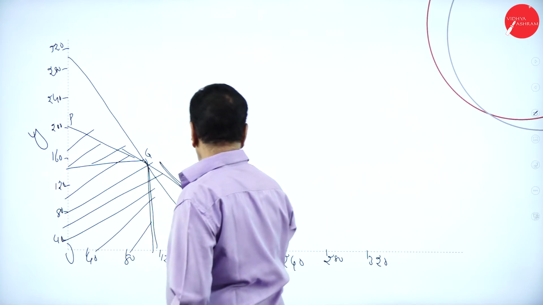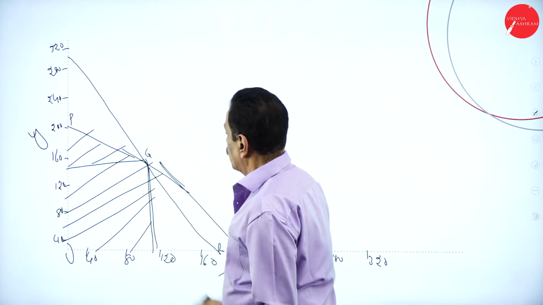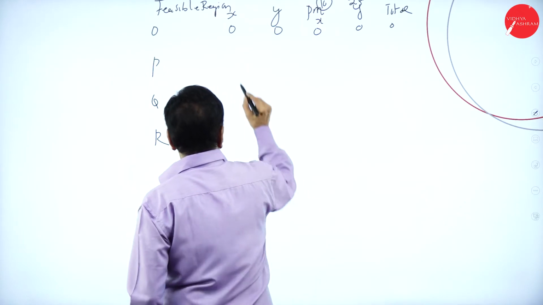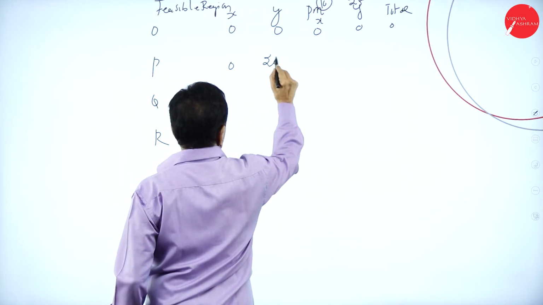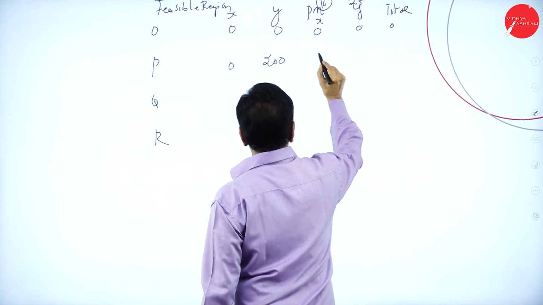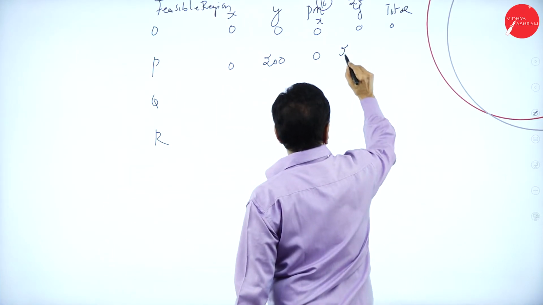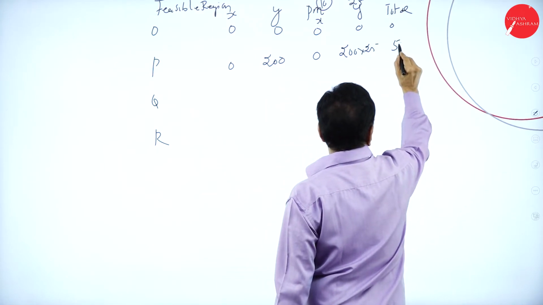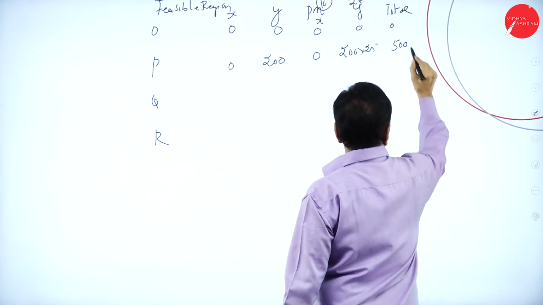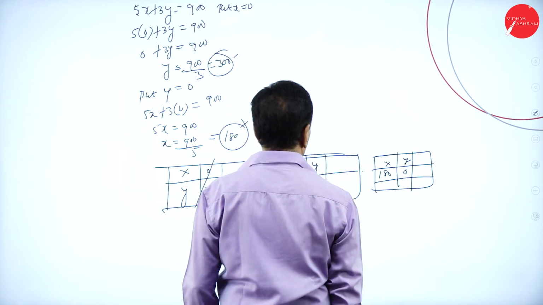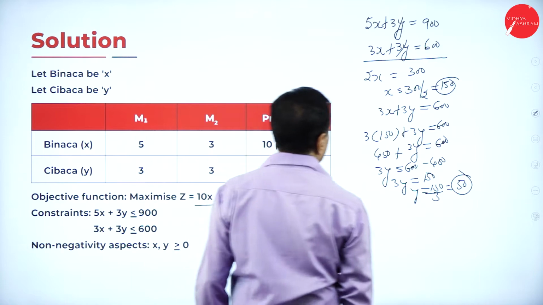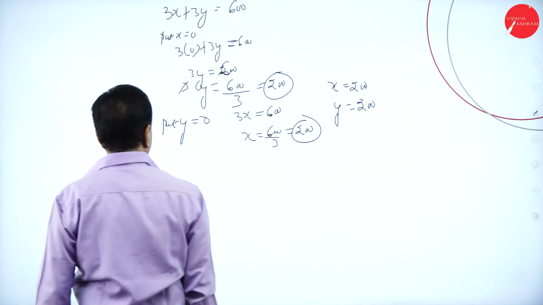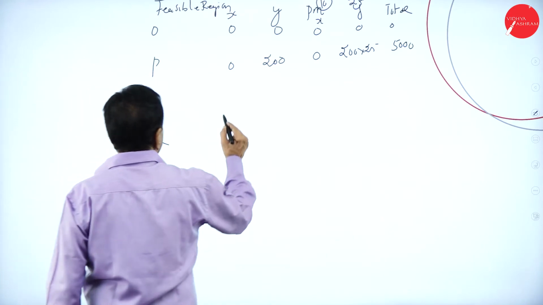At the point P, Y is how much? 200. X is 0. Y is 200. This is 0. 200 into 25, 5,000. At the point Q, you already calculated. At the point Q, X is 150, Y is 50.